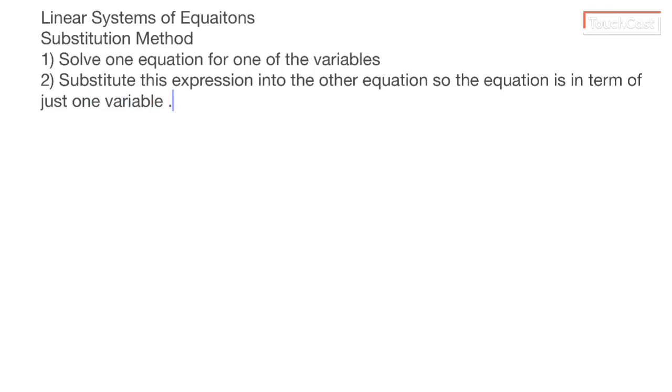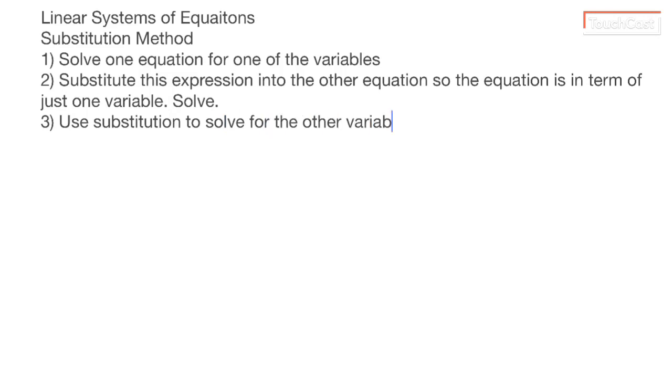And then you're going to solve for that variable. And the last thing you're going to do is use substitution to solve for the other variable. So whatever you got from step 2, you plug into one of your original equations, and you can find the second variable. So let's actually jump right into our first example.